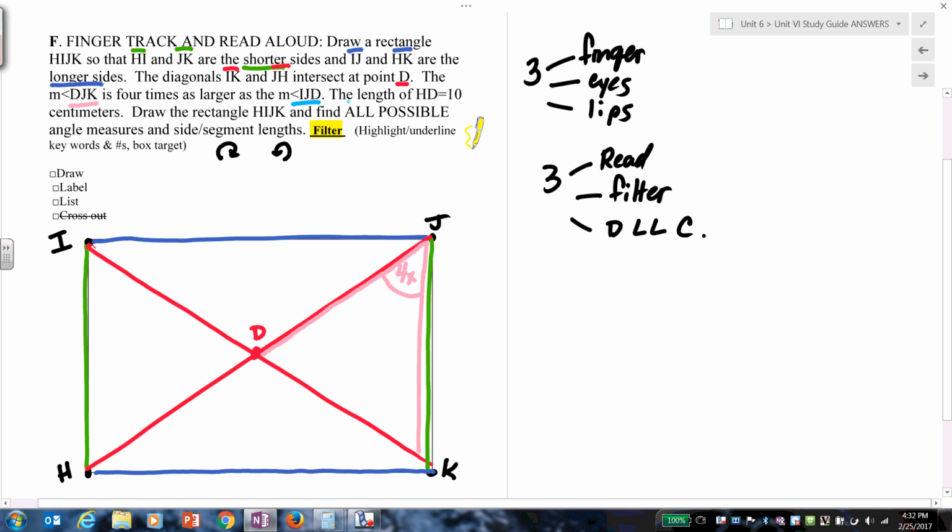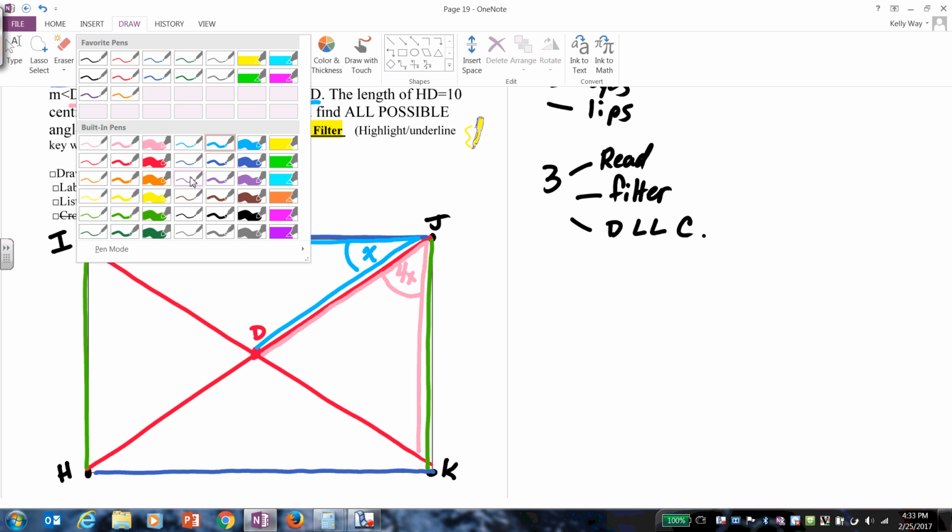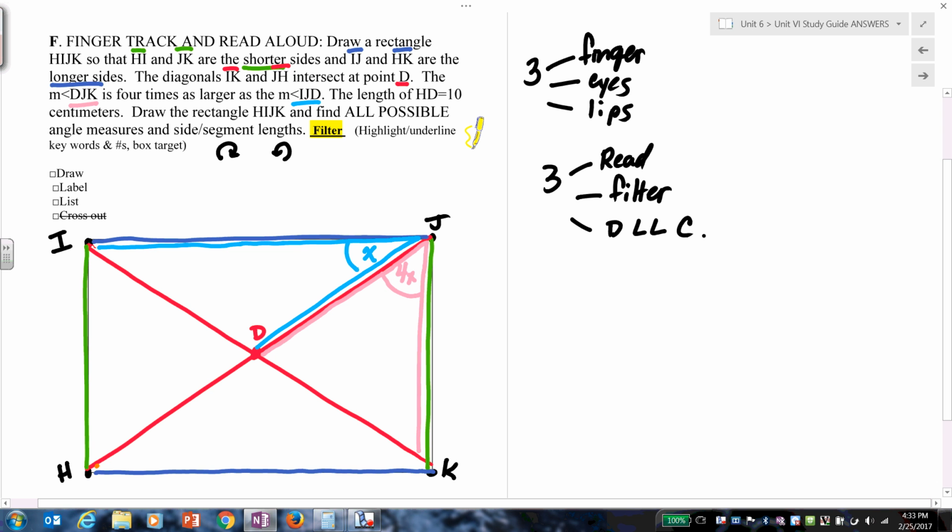So we go I, J, D. Trace and sweep. So that's 4x, that makes X. We're also told that H to D is 10. So this length right here, we are told, is 10.